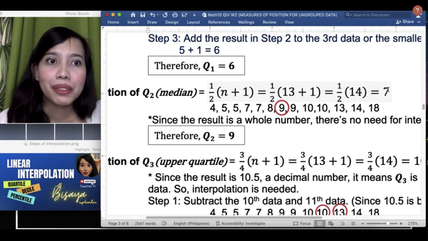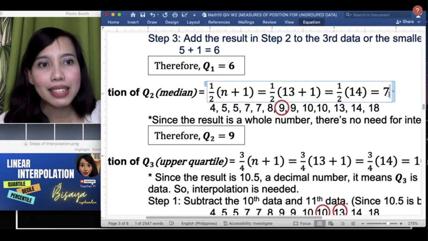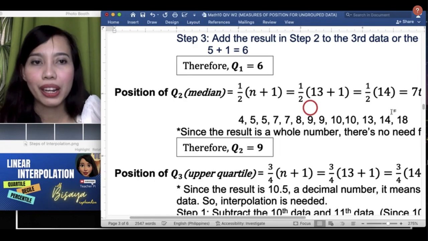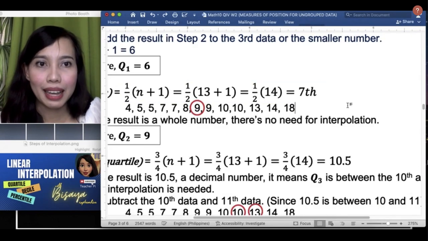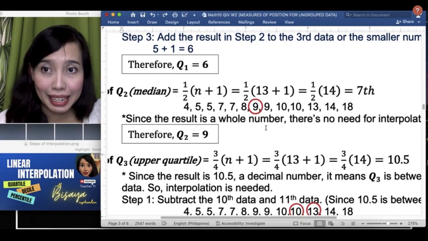Very easy. 7. It's a whole number. So it is the 7th number. We no longer have difficulty finding it. We count: 1st, 2nd, 3rd, 4th, 5th, 6th, 7th, and that is 9. 9 is Q sub 2.